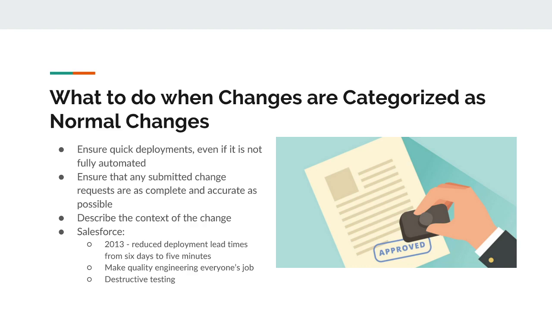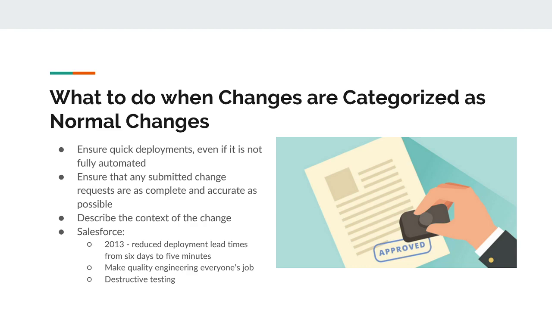The problem was that they created too large batch sizes, and a lot of the normal changes had to be approved so many times that a lot of it could actually be automated.